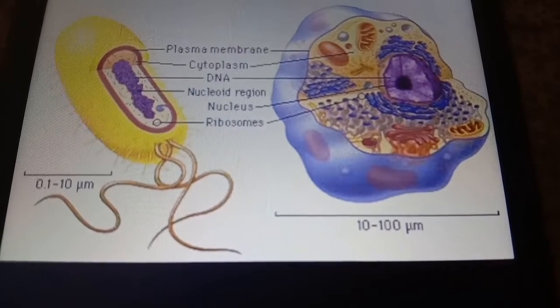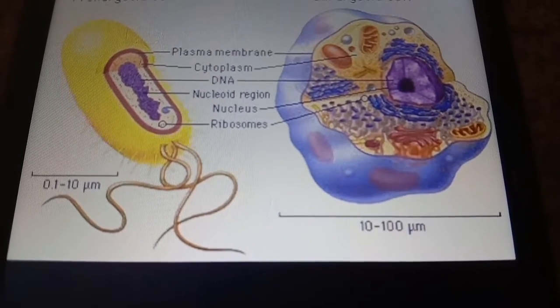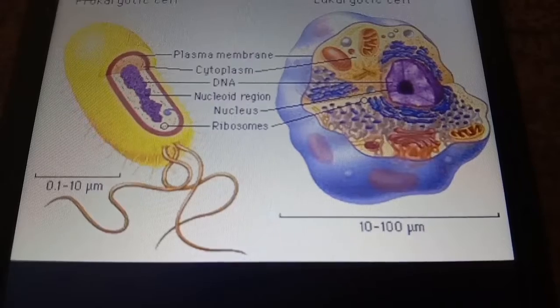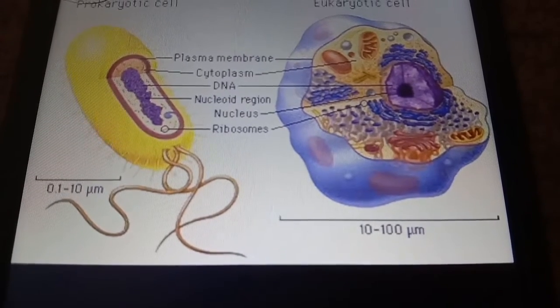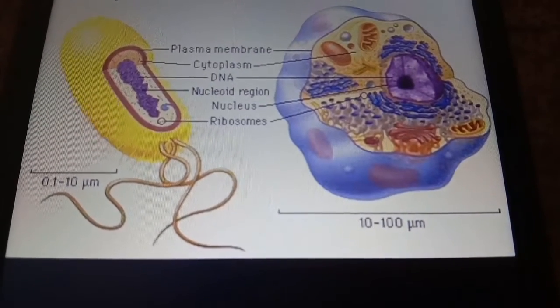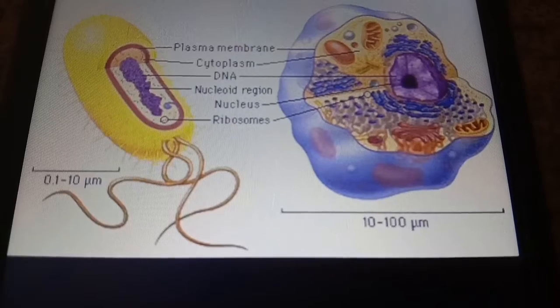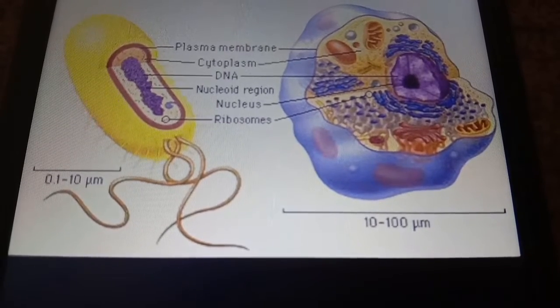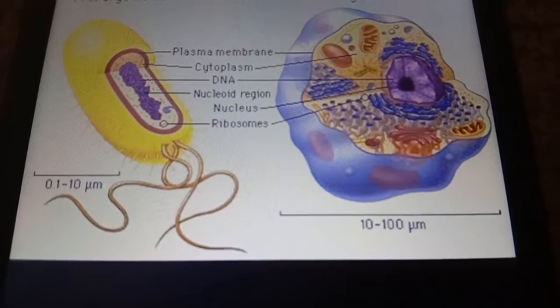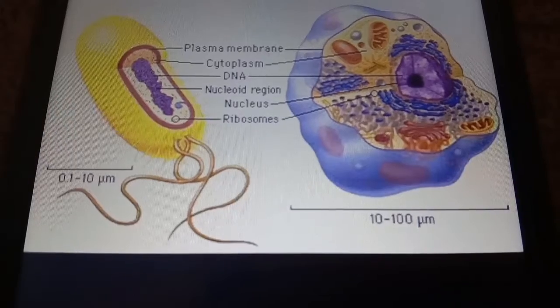So, next is the prokaryotic cell. The prokaryotic cell is the simplest and most ancient cell. It is smaller than eukaryotic cells and has a simpler structure, as you can see here.